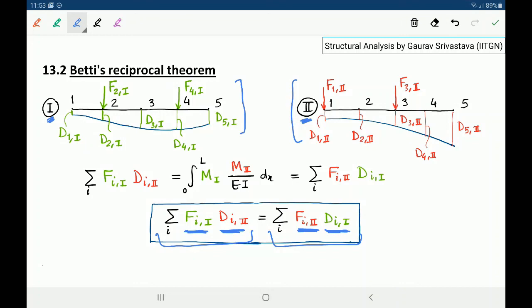And later on we will also see that these theorems imply that the stiffness and flexibility coefficients, when formed in the form of a matrix, will be symmetric matrices. That is something we will see a little later, and it will have a direct consequence from these reciprocal theorems.